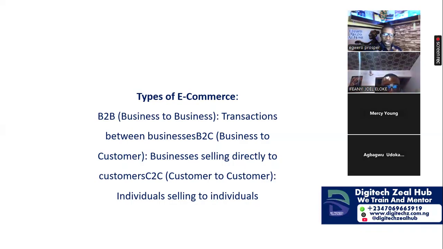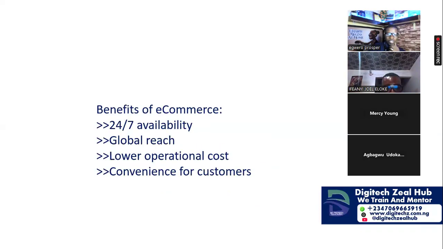So why do we have to understand these various types of e-commerce? So that you have an understanding of the type of e-commerce you want to develop as a website designer or a web content creator, right? So with that understanding, let's quickly highlight some of the benefits of e-commerce.